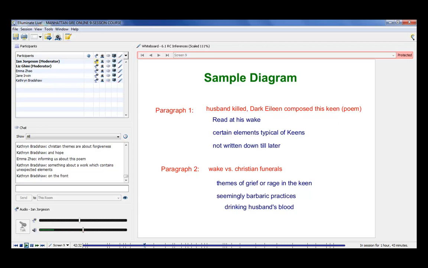Maybe unexpected to us, right? But I think we need to be careful because it said that it was a very traditional keen, right? It was very traditional in a lot of ways. So it wasn't necessarily unexpected for the people that were likely to be at the wake, maybe. I don't know. Anything else?